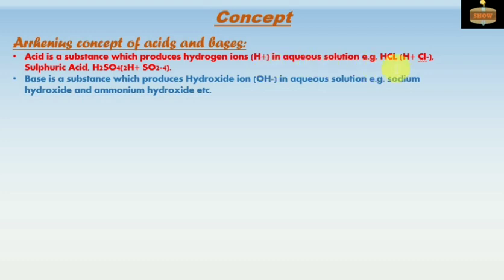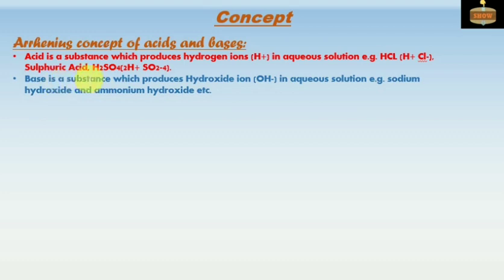Example: HCl, where you can see H+ and Cl-. And the second example is sulfuric acid, H2SO4, giving 2H+ and SO4 2-. So you can see here that H+ is produced in the case of HCl and 2H+ in the case of sulfuric acid.